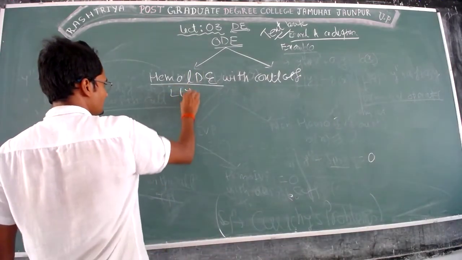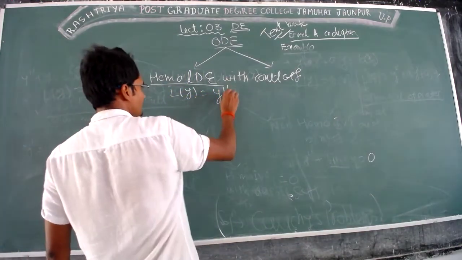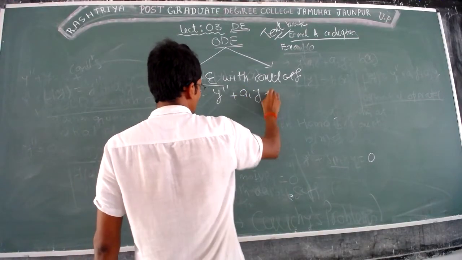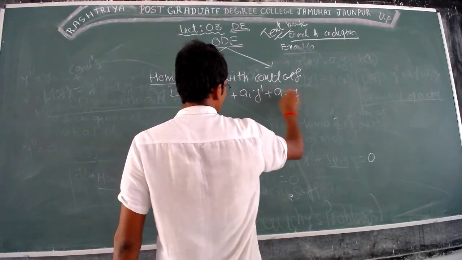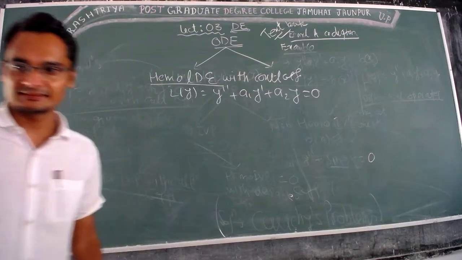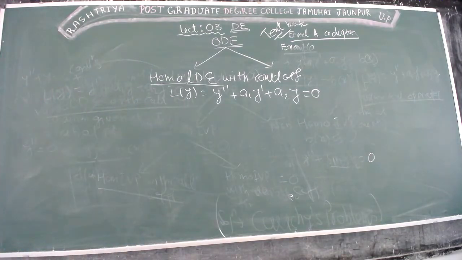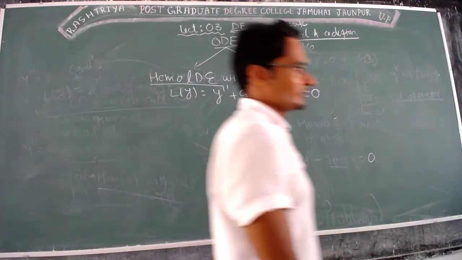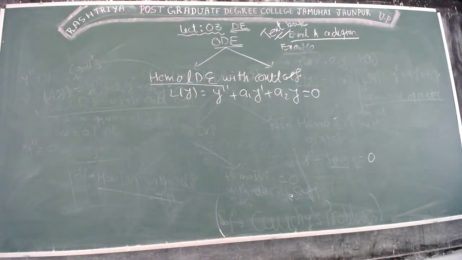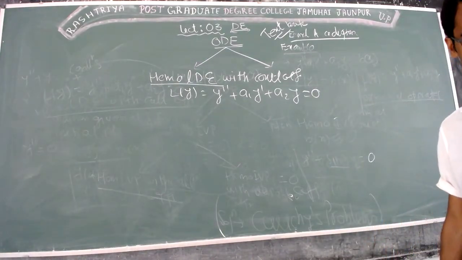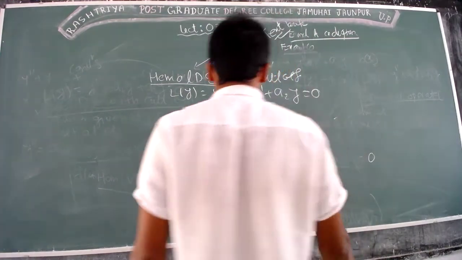The example of second order: this is equal to 0, where a1 and a2 are constant. So this is a homogeneous linear differential equation with constant coefficient. How will you find a solution?